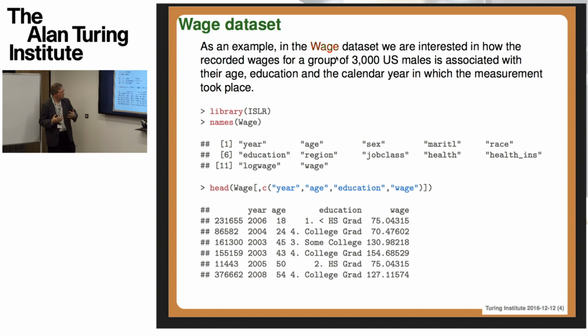This is the conventional way in which R allows you to subset into a matrix of the information given by the rows and the columns. Here we're asking for the columns labelled year, age, education and wage, and the first 6 or so of those are printed for us here. So that contains some numerical data and some text data associated with this education value.